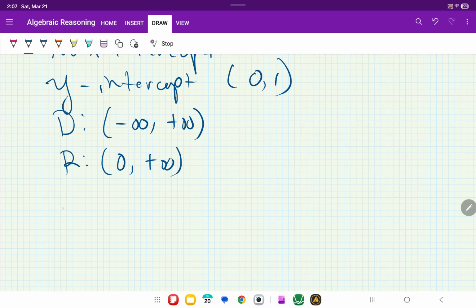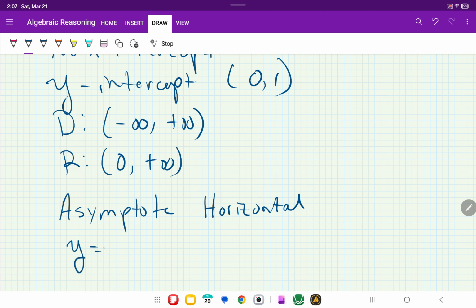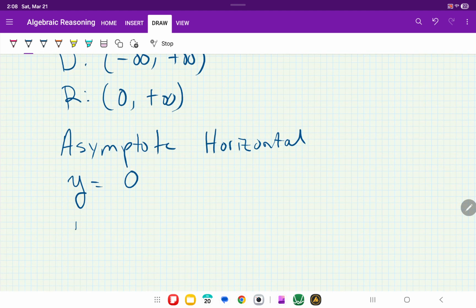Let's see, asymptote. We have a horizontal one, y equals 0. There is no maximum and no minimum.